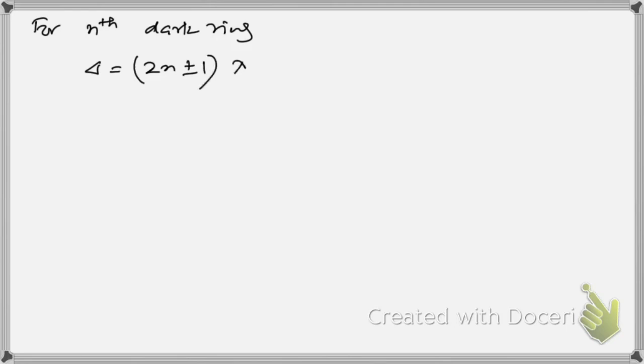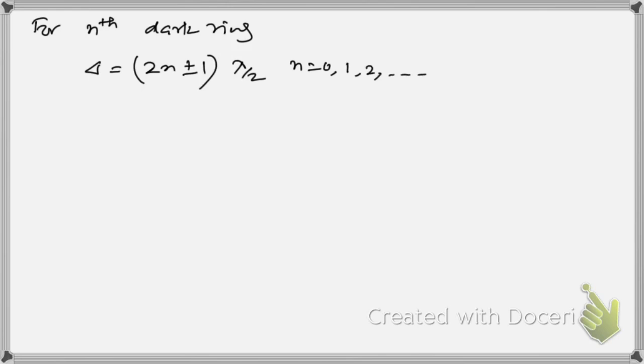So condition for nth dark ring, that is given by 2n plus minus 1 into pi by 2, where n is equal to 0, 1, 2, 3, and so on, right?